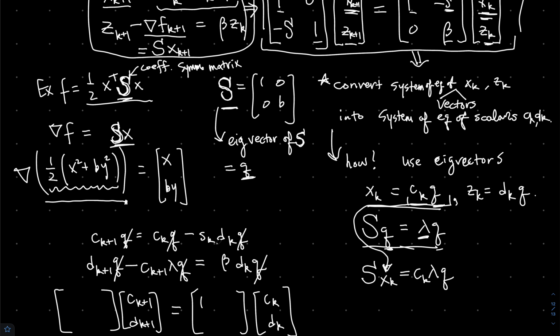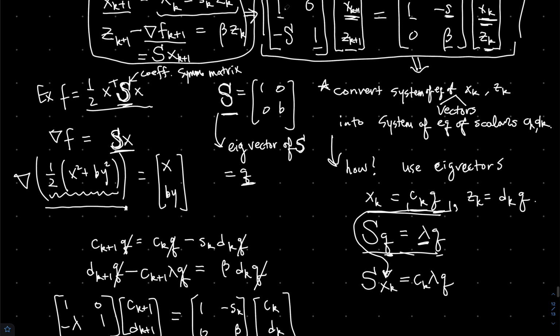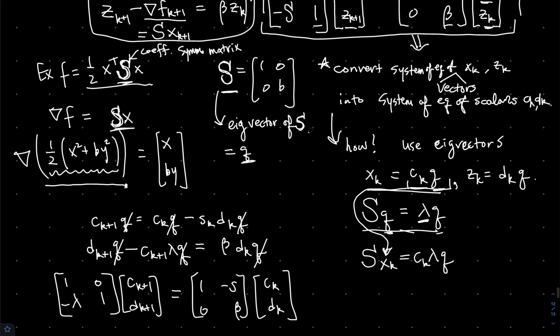Now, 1 minus sk for dk here for the top equation, and then 0 beta for the bottom equation, and 1 0 for the top equation, and minus lambda and 1 for the bottom equation. So almost the same matrix, 1 0. Now minus s has turned into minus lambda and 1 minus s. I forgot, we are omitting the subscript k for the step size. We're assuming constant step size. All right, so s and 0 beta. This matrix is the same.